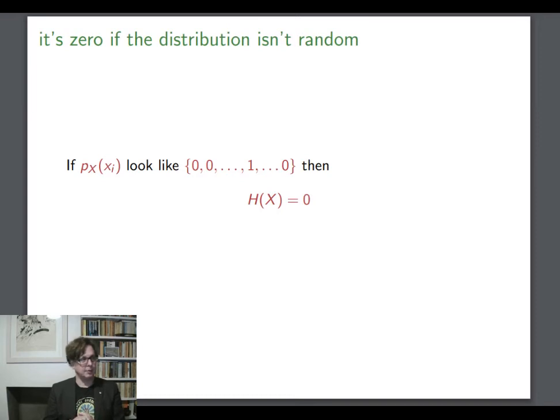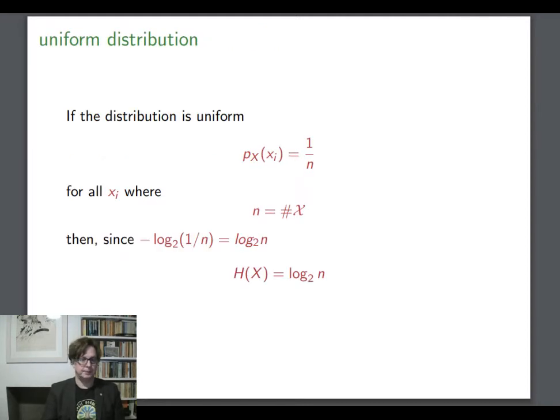We said before that p log p for p equals 0 is 0. And the other one, the outcome that has probability 1, well, then you have 1 log 1, and the log of 1 is 0, and so that's 0 as well. So in the case where the distribution isn't really modeling something random, you have Shannon's entropy 0.